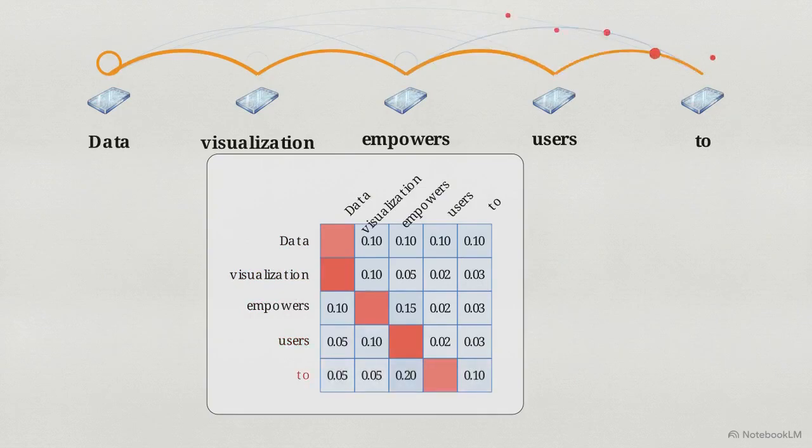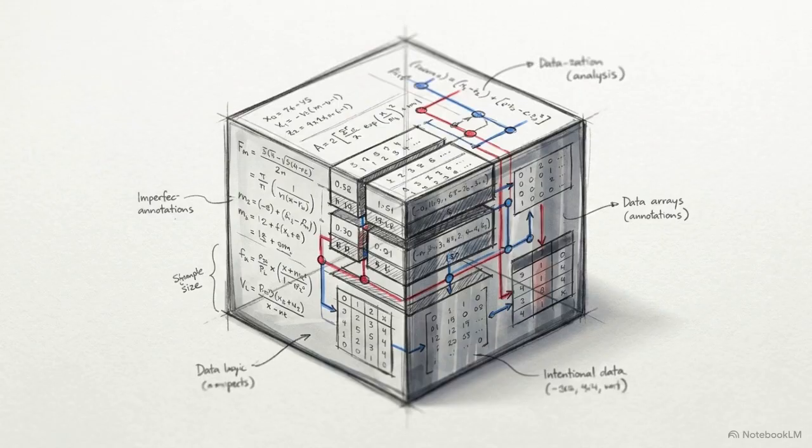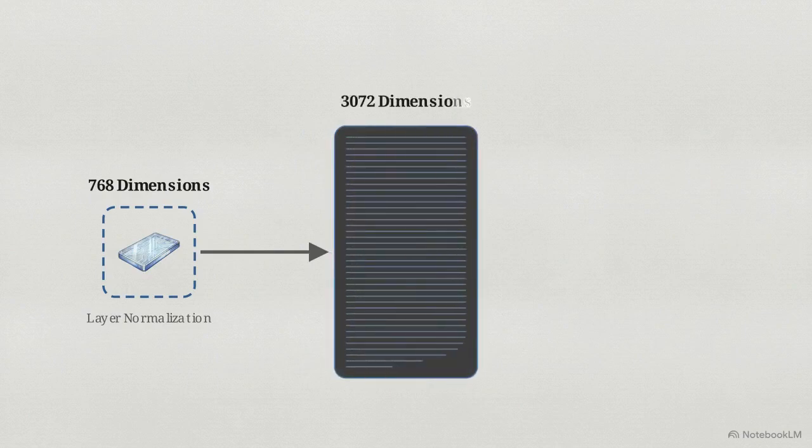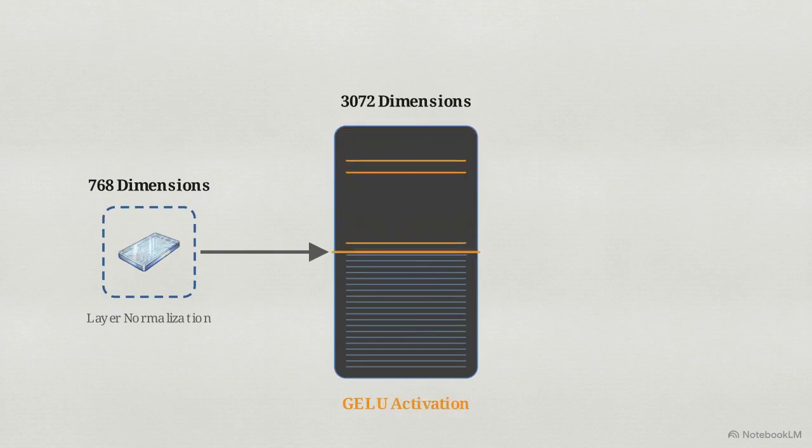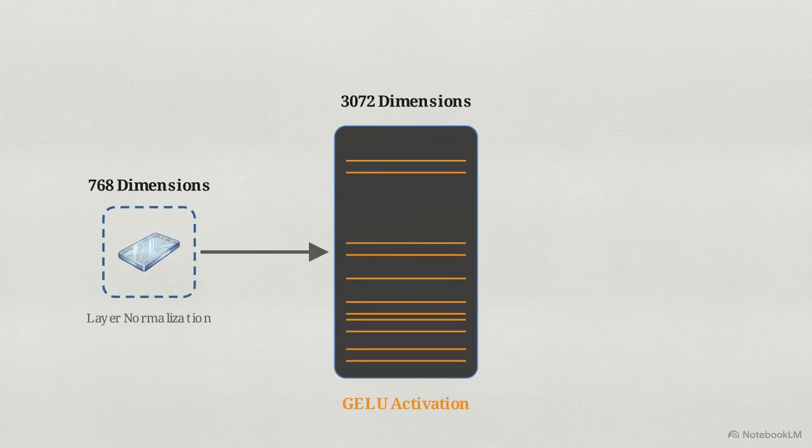While attention routes contextual data between the tokens, the multi-layer perceptron, or MLP, refines the representations within each individual token. The first step in the MLP expands the vector's dimensionality from 768 to 3072. This projection exposes deeper patterns. A GELU activation function filters the expanded vector, dictating which subtle patterns pass through and which are muted.